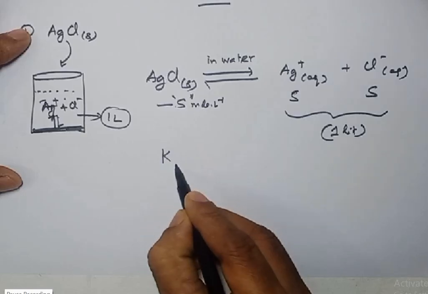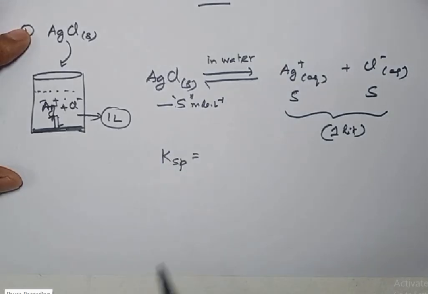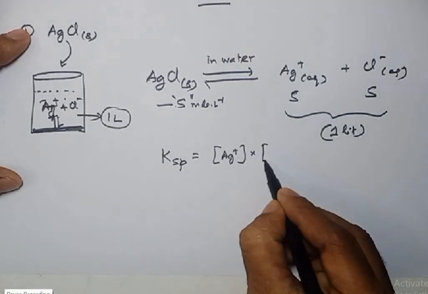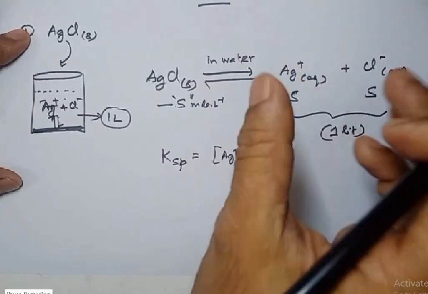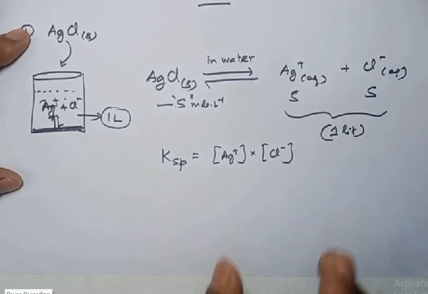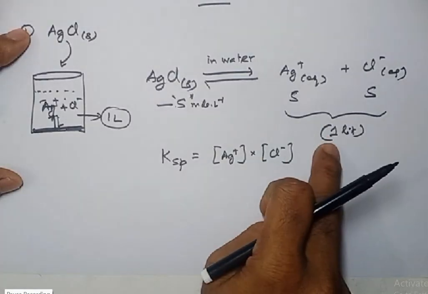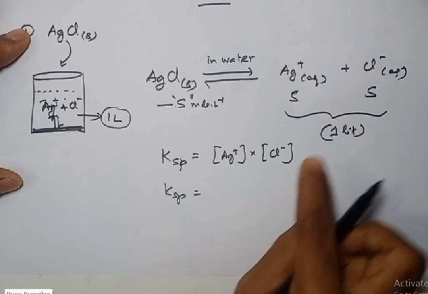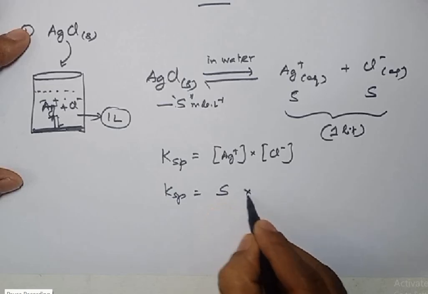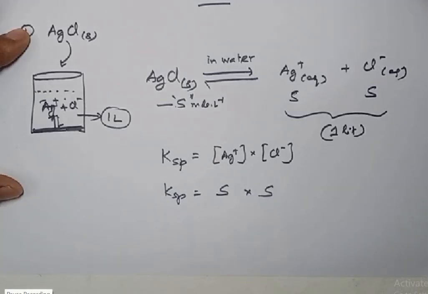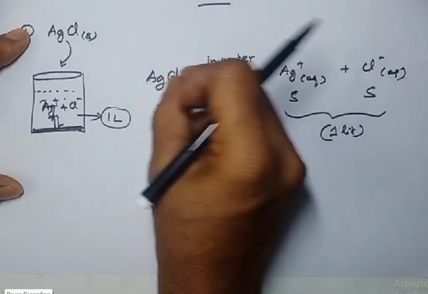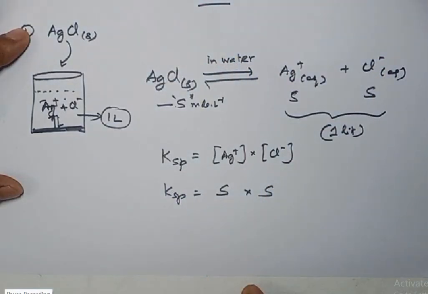So what is the equilibrium constant? Ksp is equal to the concentration of the silver ion in the aqueous solution times the concentration of the chloride ion in the aqueous solution at equilibrium. Remember, I have assumed the solution volume as 1 liter. Then this concentration is nothing but S and this concentration is nothing but S, because in 1 liter of saturated solution, the amount of silver chloride dissolved is nothing but solubility.